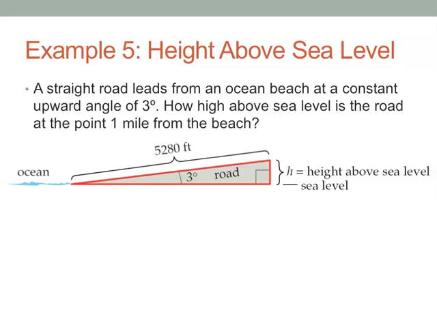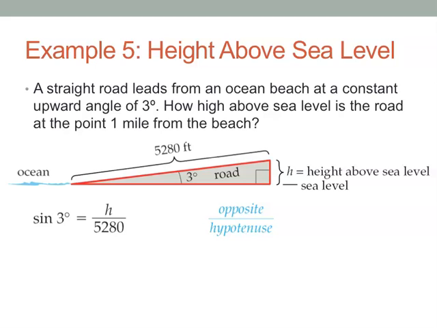Okay, so if we're trying to solve for the height above sea level, which is the measurement across from the 3-degree angle, and it looks like 5,280 feet is across from the 90-degree angle, that must mean that's the hypotenuse. So we want to use our sine ratio here. So sine of 3 degrees is equal to h over 5280.